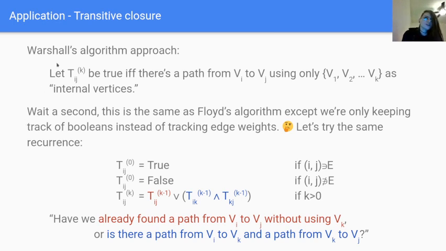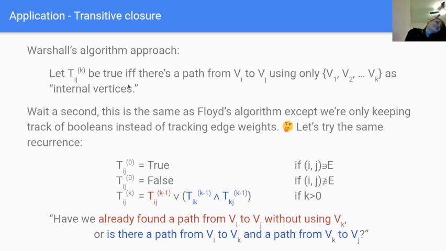This is Warshall's algorithm. Another guy named Warshall from the first half of the 20th century came up with this recurrence. T sub ij of k is true if and only if there is a path from i to j using only the first k vertices as internal vertices.